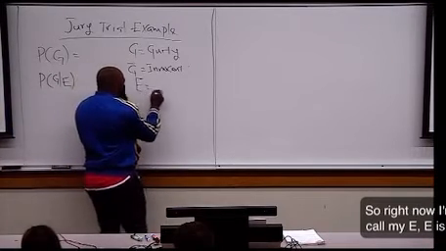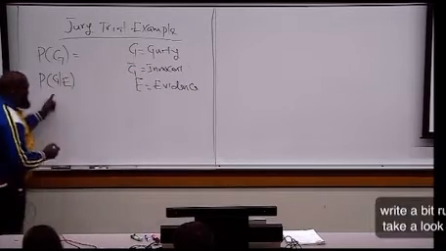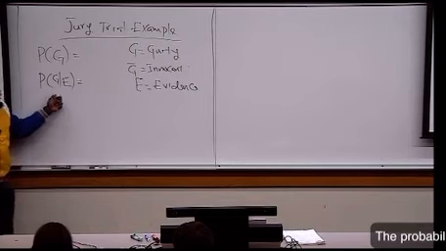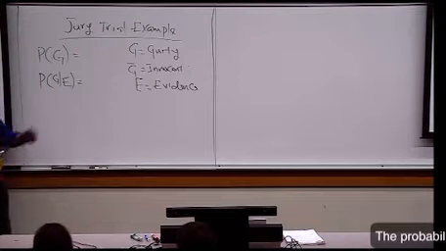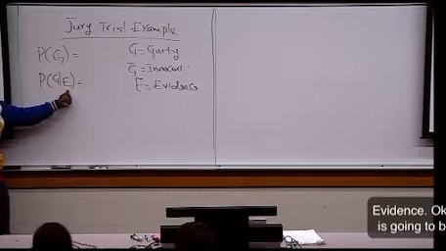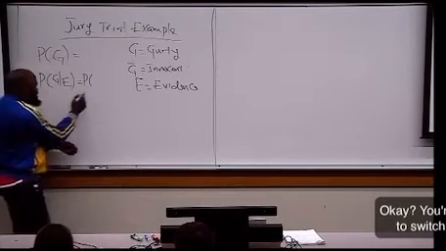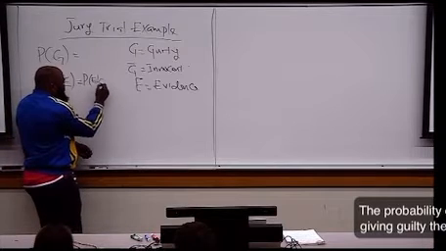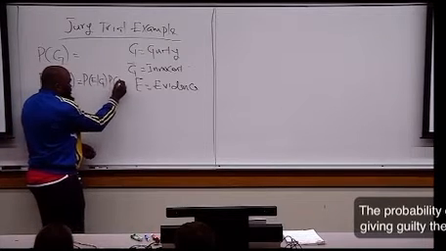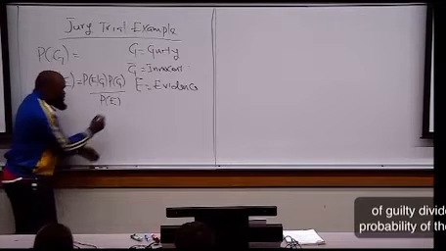E is evidence. So if I want to write the Bayes rule now, take a look at that. The probability that somebody is guilty given evidence is going to be equal to, you switch this, the probability of evidence given guilty, times the probability of guilty, divided by the probability of the evidence.